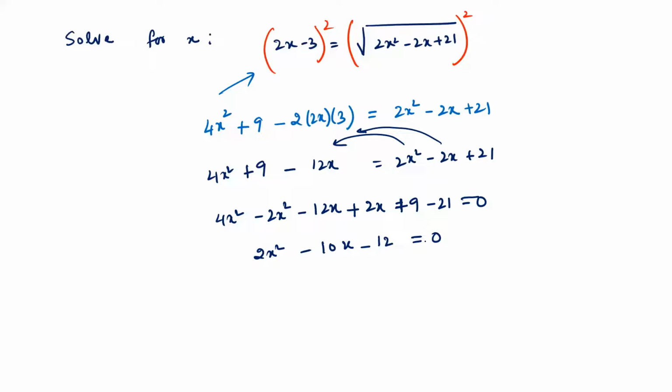Can I simplify this further? Can I simplify the equation? I can divide overall by 2. So we have x square minus 5x minus 6 equal to 0.